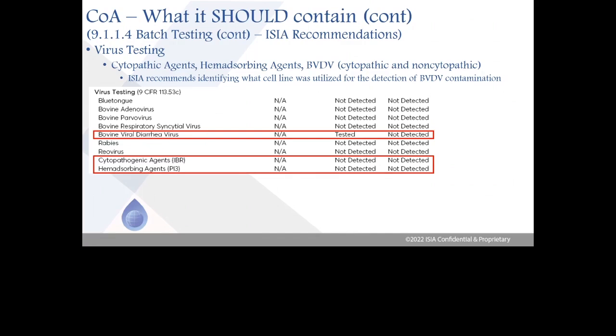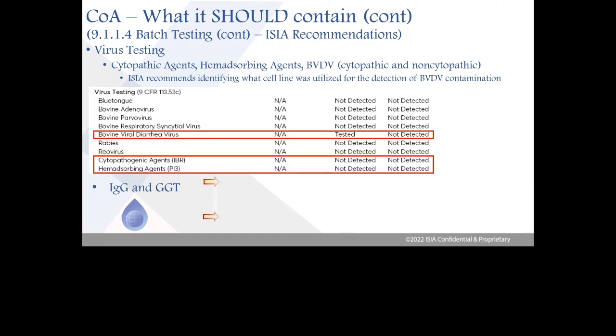It would be ideal if producers would report the cell line utilized for their BVDV detection so that end users were able to accurately evaluate the outcome of the testing, as well as create clarity when comparing fetal bovine serum lots between manufacturers. Finally, IgG and GGT are recommended to round out the batch testing.